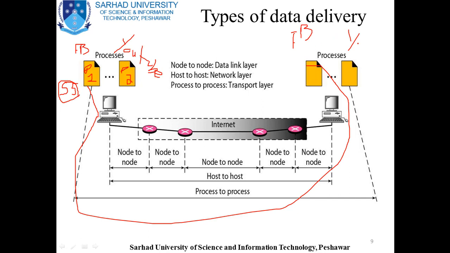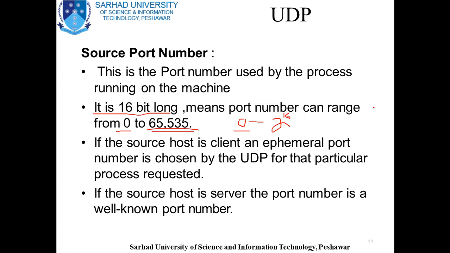But YouTube and Facebook are multinational organizations providing services to several billions of users at a time. So their port number will be visible to most of the users on the internet. Let's say the port number of YouTube is 57. This will be visible to many clients, because there are many clients of Facebook and YouTube at the same time. So the port number will be well known if the host is a server.